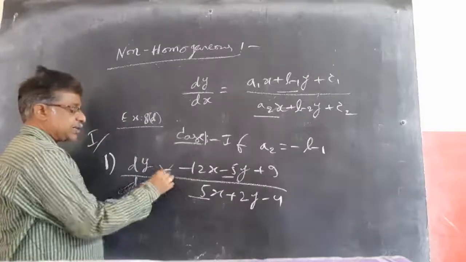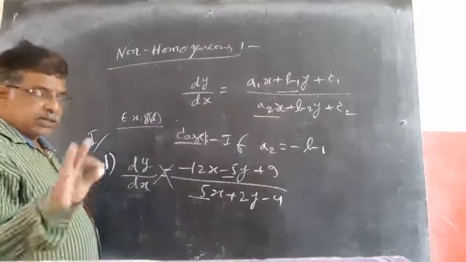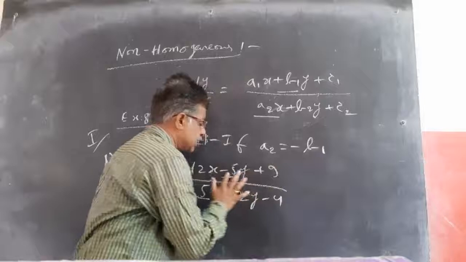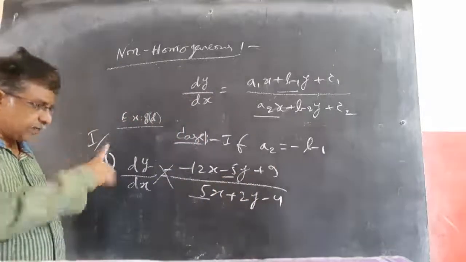Just cross multiply. This kind we discussed in homogeneous also. If constants are not there, these two are equal. We used one shortcut method for homogeneous. That we will use now.